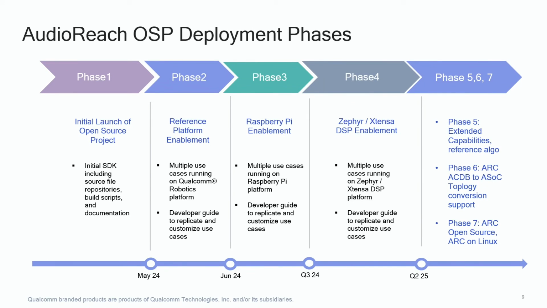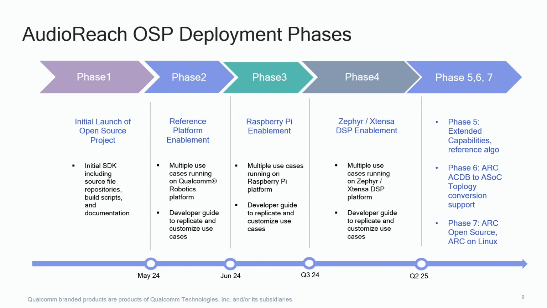Okay, so this is the roadmap we have. Today we already have the AudioReach open source project created. We're in the process of populating the source code and the documentation. And then for phase 2, we're aligning to the Qualcomm Linux initiative. We want to enable AudioReach on the RB3 Gen 2 platforms.